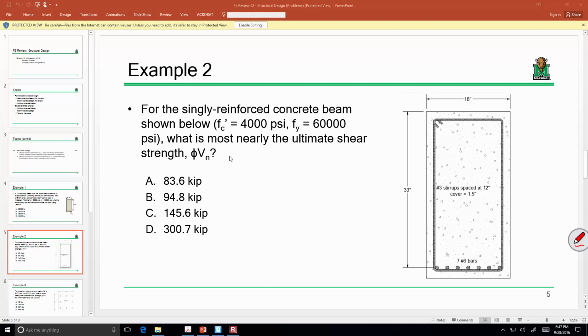Now that was for columns, remember? But you're on the right track. Let's say it again. 0.75. If you're unsure, look at page 1, right here on the bottom. Phi for shear and torsion, 0.75.